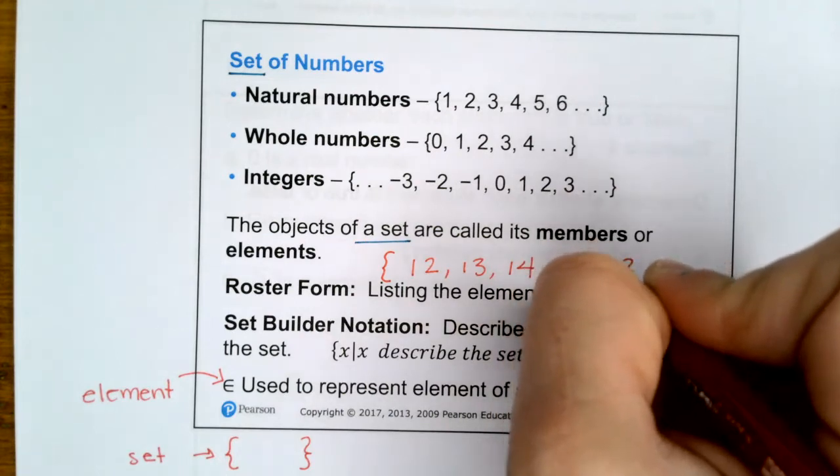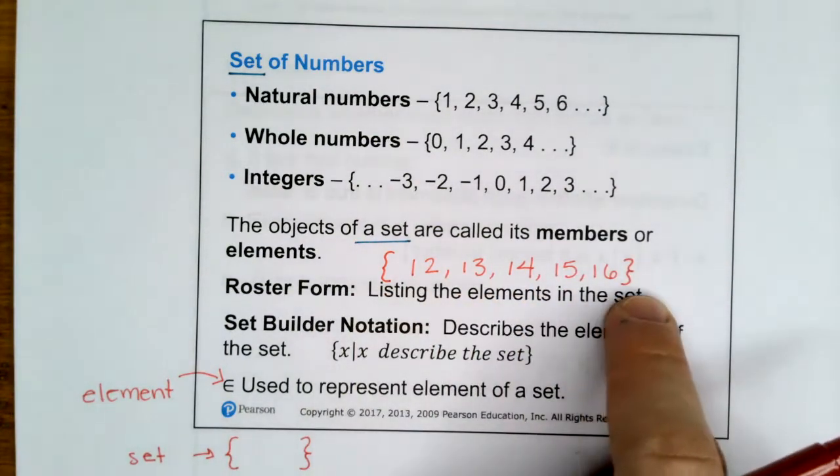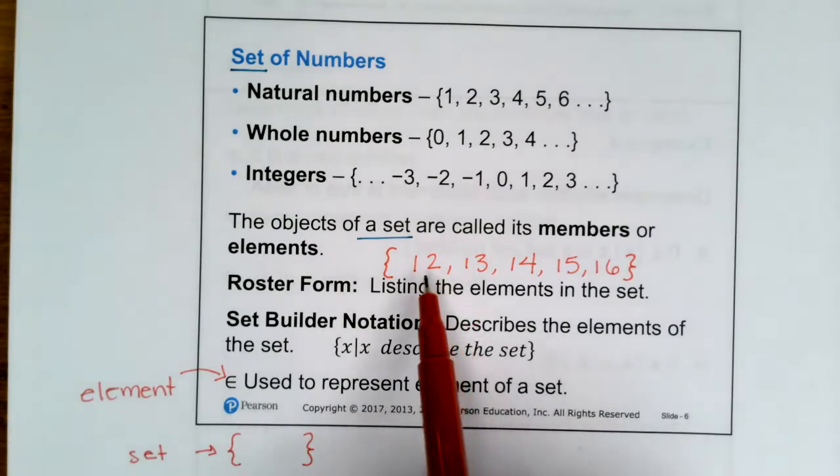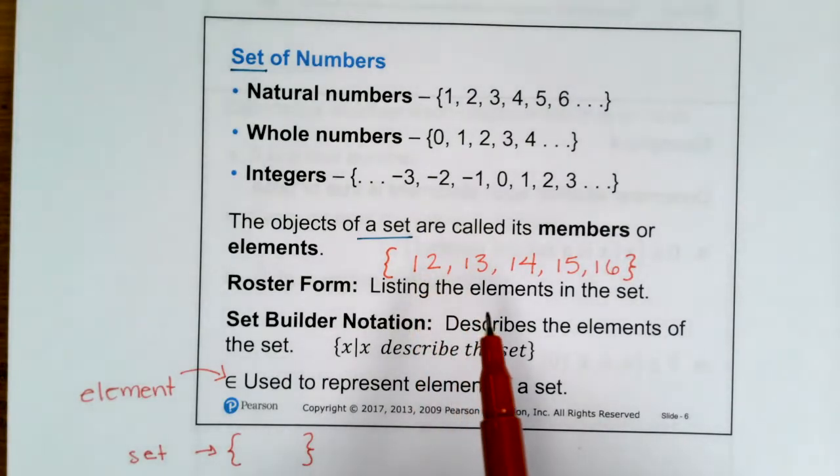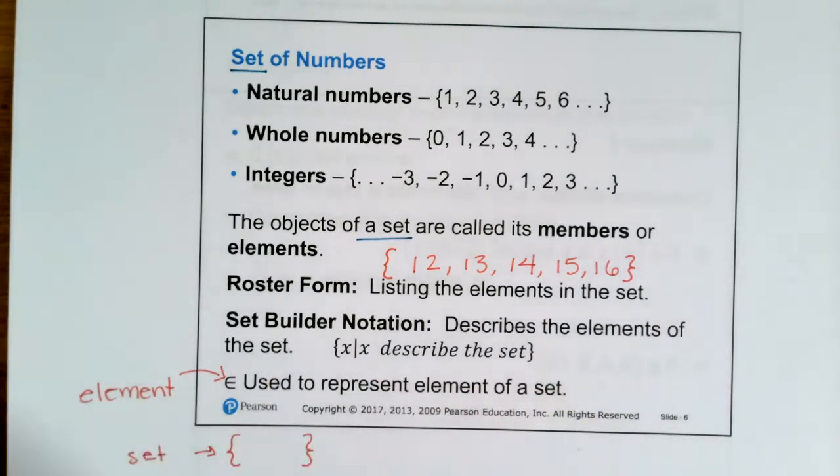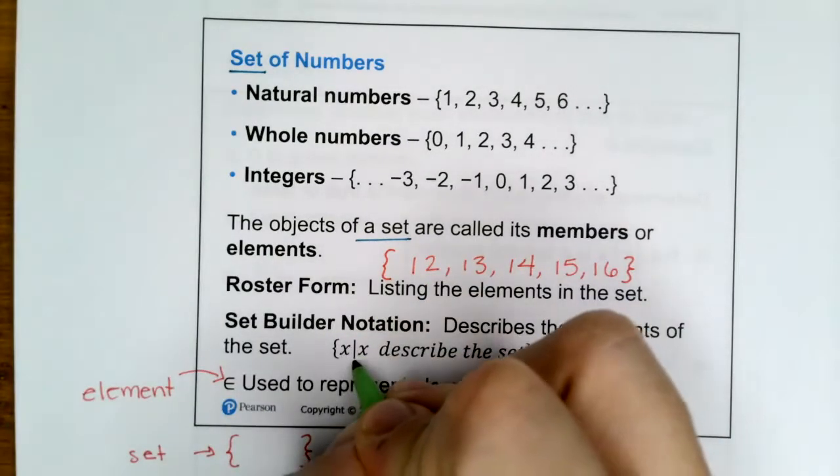All right. That's my roster form. I have listed every element in the set, all natural numbers between 12 and 16, right? Set builder notation describes the elements of the set. Yeah. So this little symbol right here means such that.